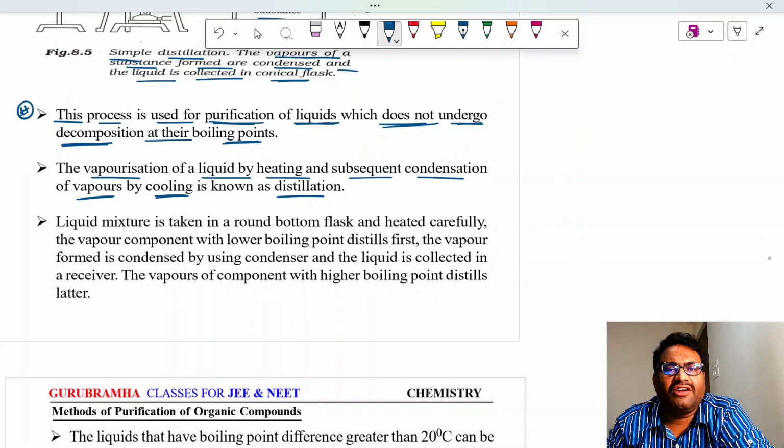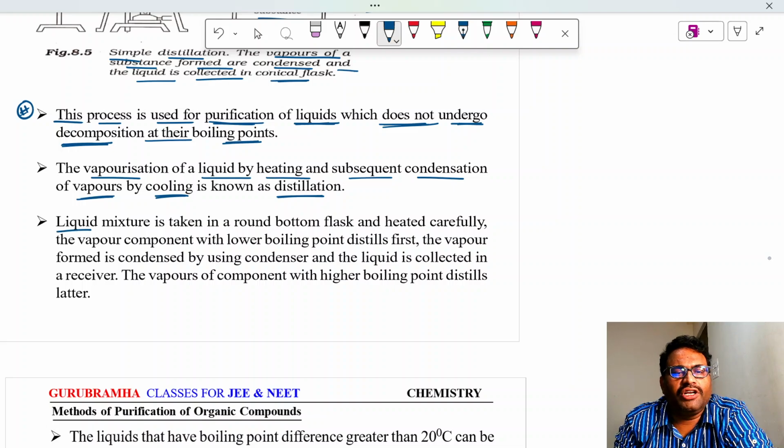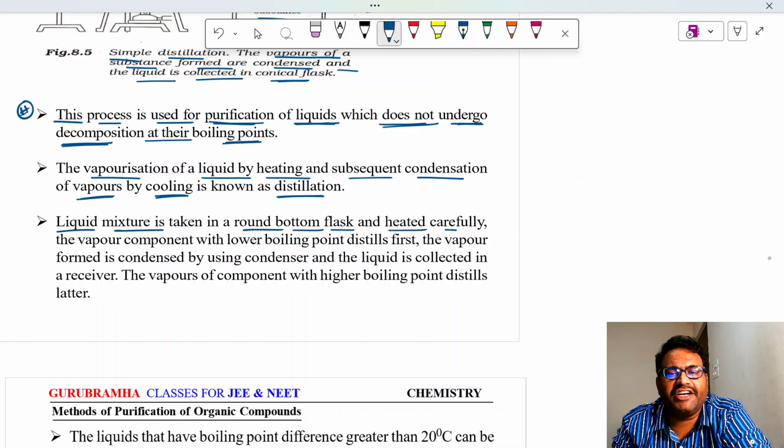So this is distillation process. On heating, vapors of liquid having low boiling point are moving through the condenser, they get condensed and converted into liquid. That's called as what? Distillation process. So liquid mixture is taken in round bottom flask. This already we have seen, and heated carefully.